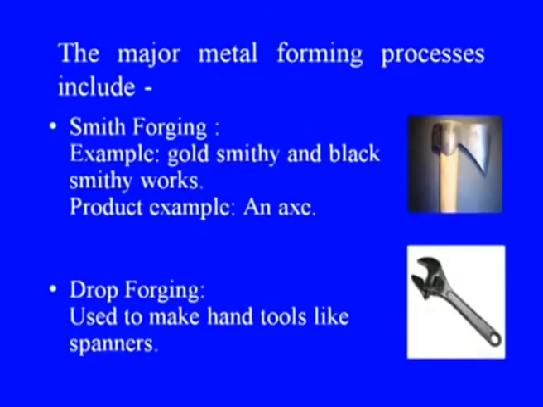The major metal forming processes include smith forging. The example is goldsmithy and blacksmithy works, and the product example can be an axe. Drop forging, which is used to make hand tools like spanners.